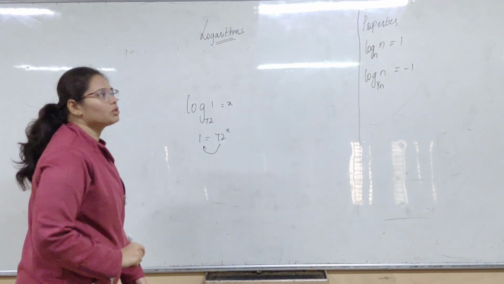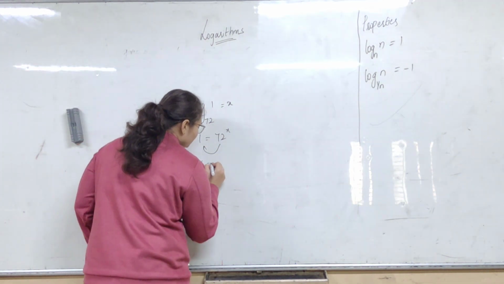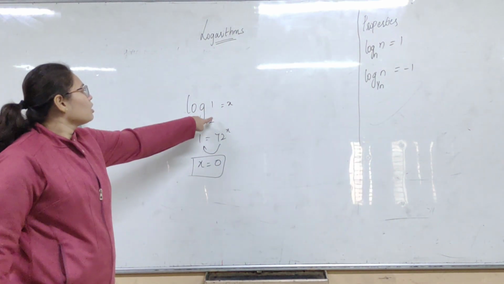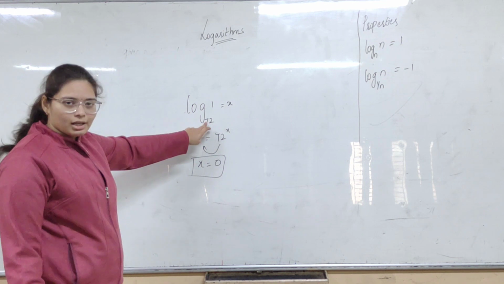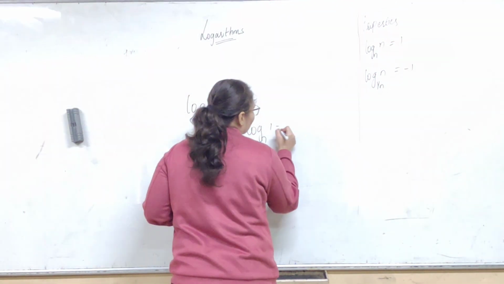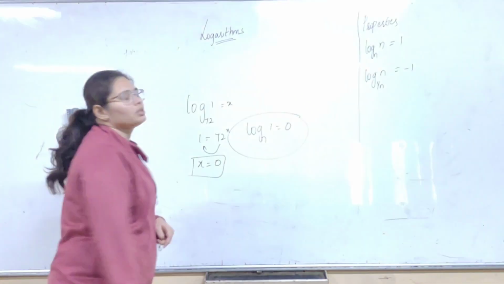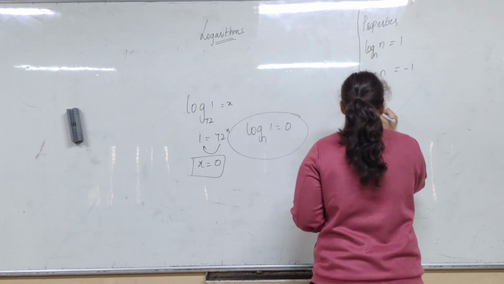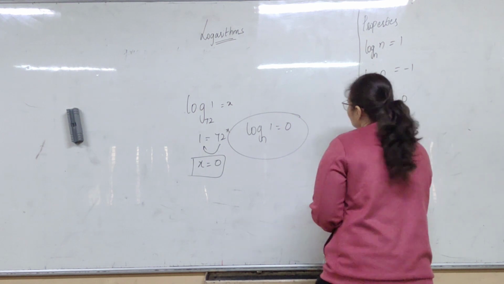Right? x should be 0. So x is equals to 0. Right? So always log 1 to the base n is 0. So we got another property, log 1 to the base n is 0. Right? So log 1 to the base n is equals to 0.